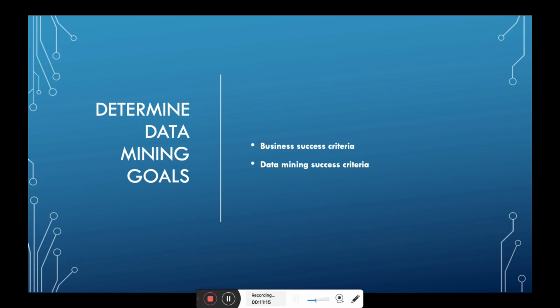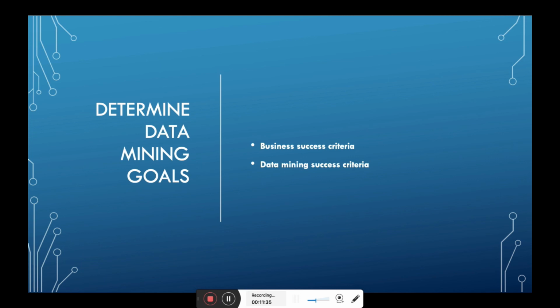Okay, so when you talk about the business success criteria, it basically describes the intended outputs of the project that enable the achievement of the business objectives. And the data mining success criteria would be defining the criteria for a successful outcome to the project in technical terms.